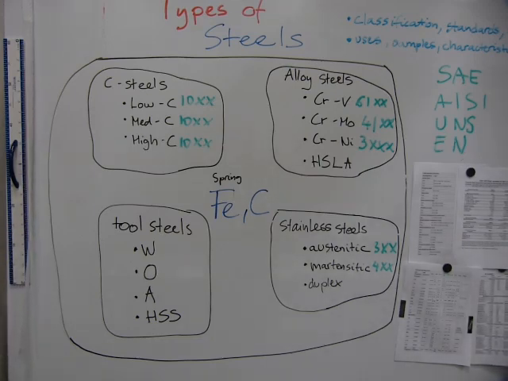Now, the steel classification and these types of steels have a very important reason why manufacturers can't just make any kind of steels, because these standards regulate the chemical composition of steels.